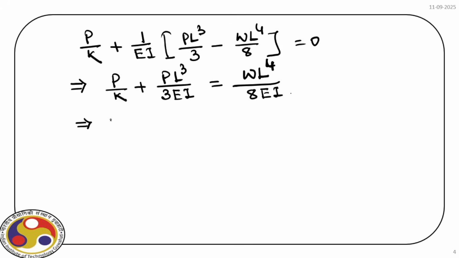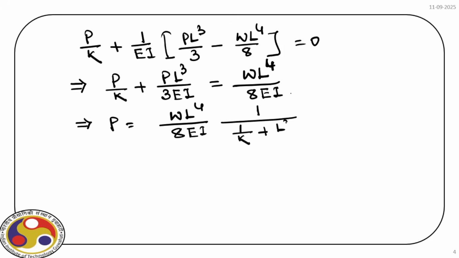So we get P is equal to omega L to the power 4 divided by 8 EI and then 1 by K plus L cube by thrice EI.